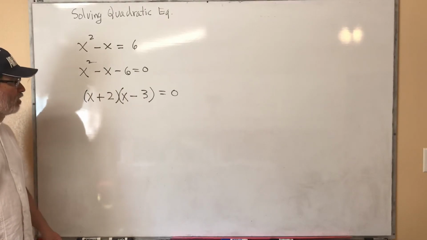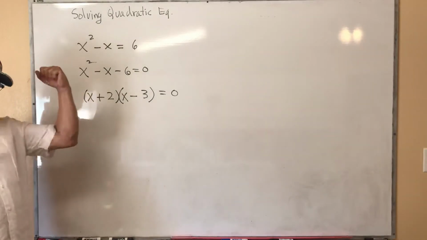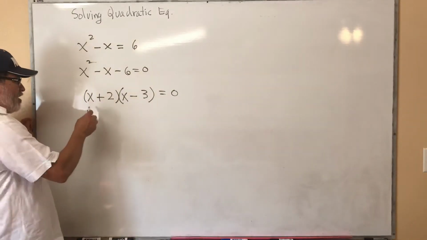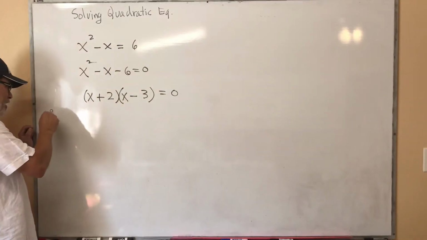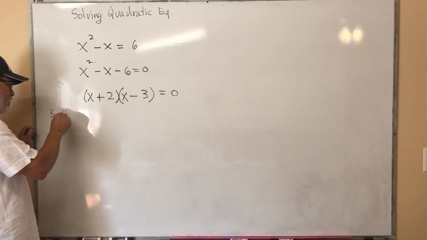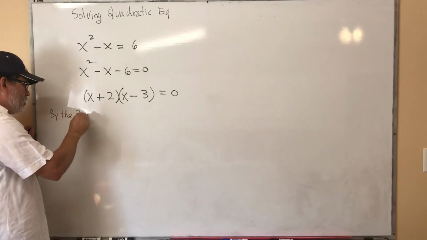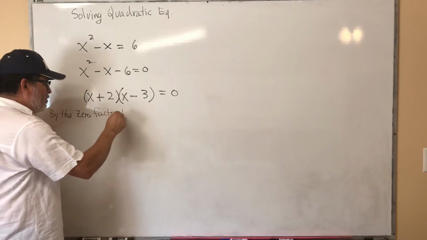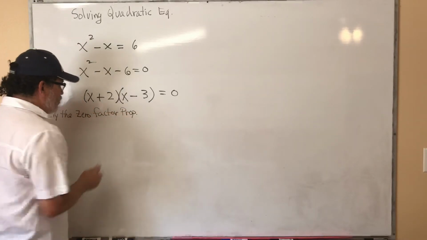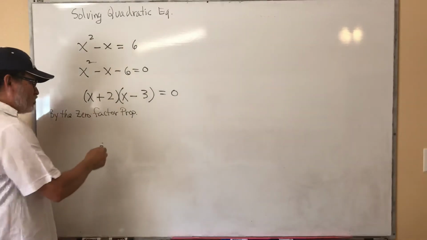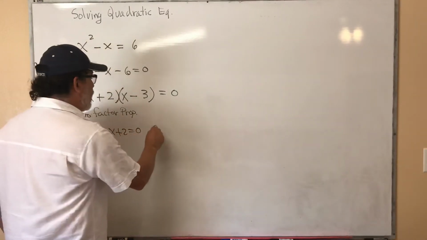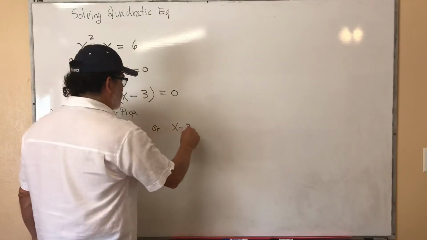And so now we say by the zero factor property, I call this the zero factor property, you set the first factor equal to 0, so x plus 2 equals 0, or x minus 3 equals 0.